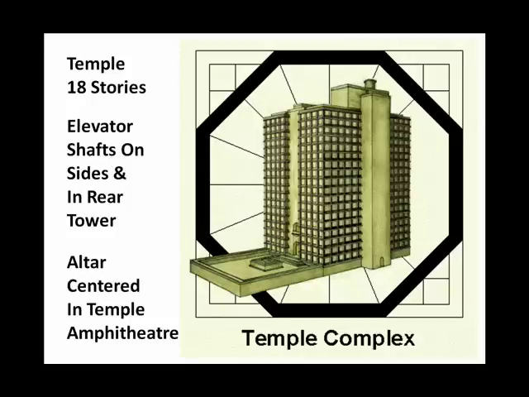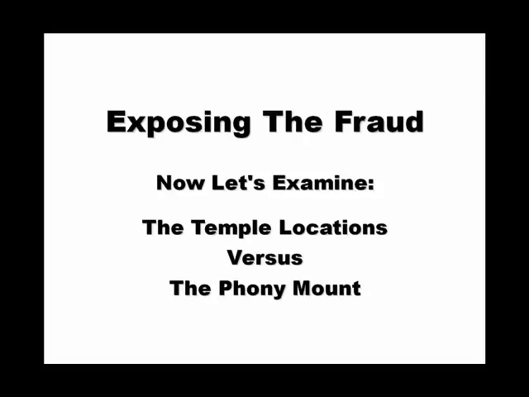Material herein does not always show suburb measures extending 1,000 cubits on each side of the Levitical city. Exposing the fraud. Now let's examine the temple location versus the phony mount.